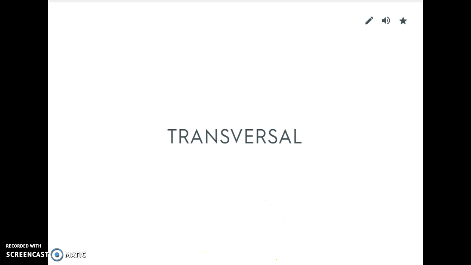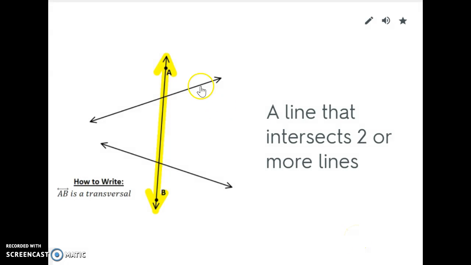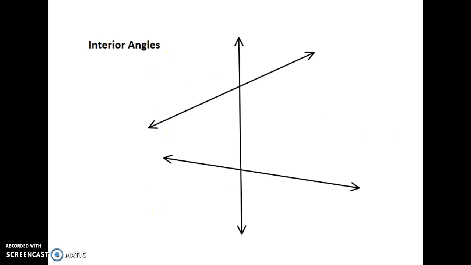All right, a transversal. A transversal is a line that intersects 2 or more lines. And so this line AB, because it's intersecting these other 2 lines, AB is the transversal. Okay, in order to go over our next vocabulary words, we first have to know what interior angles are. Interior angles are the angles that are inside in between the lines.